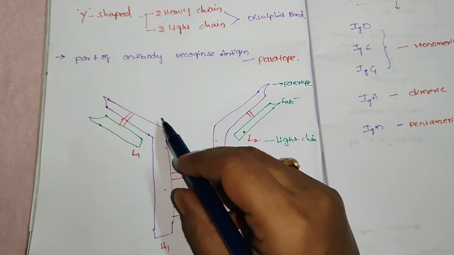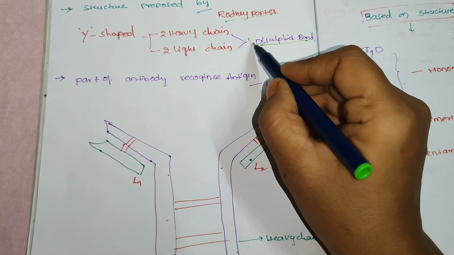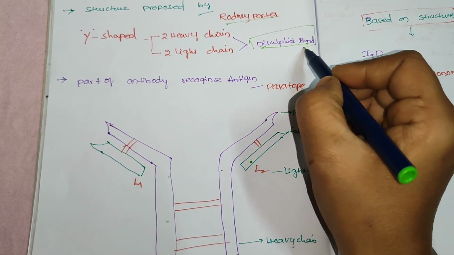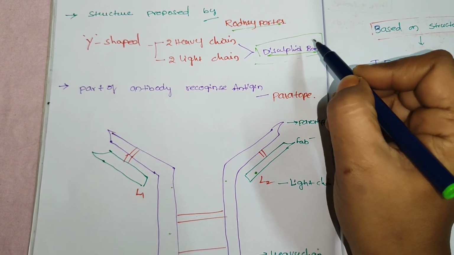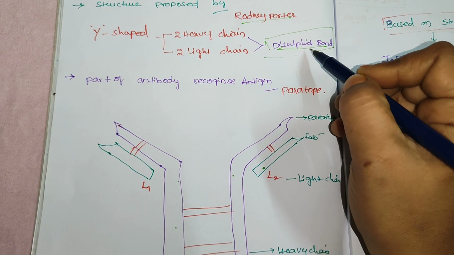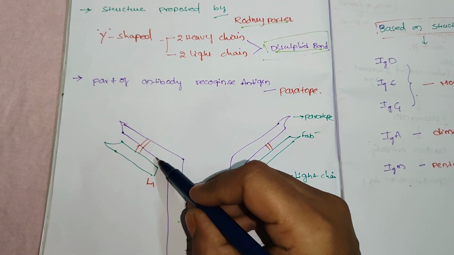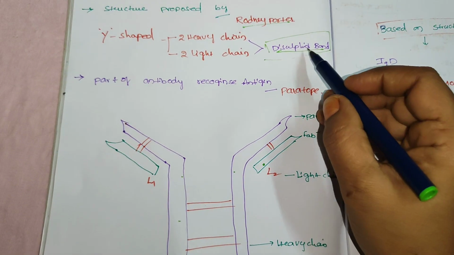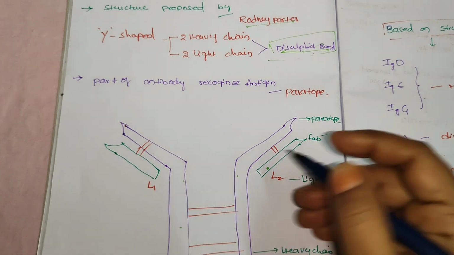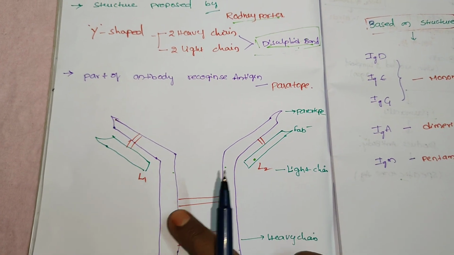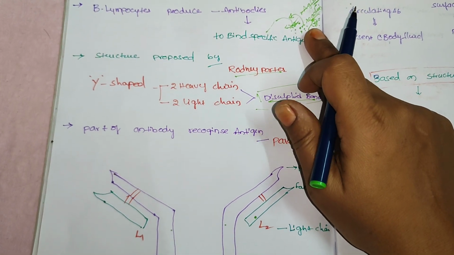These chains bind with disulfide bonds. In the insulin structure also, the A chain and B chain are combined with a disulfide bond. Likewise here, the antibody's 2 heavy chains and light chains are bound by disulfide bonds.